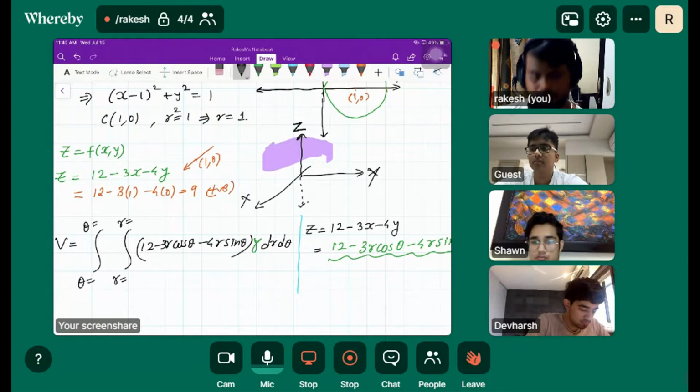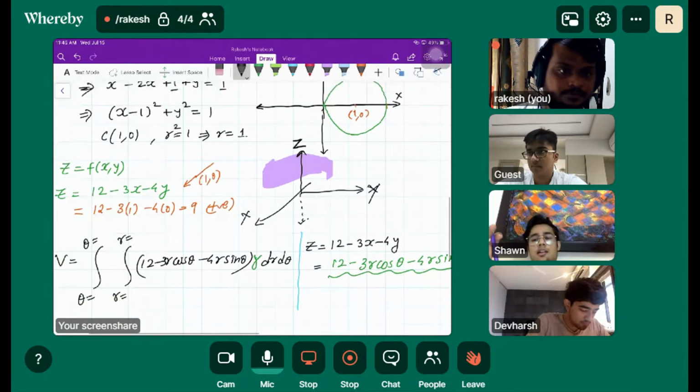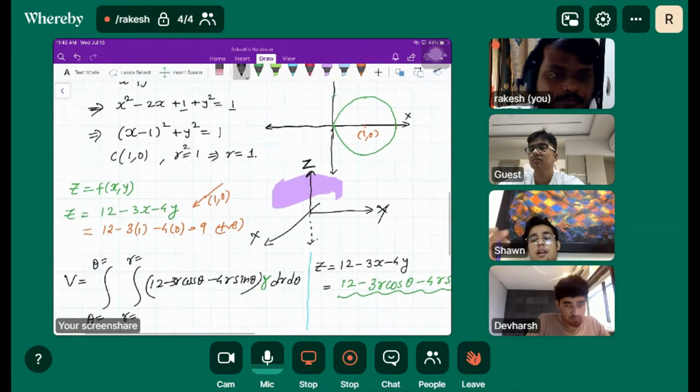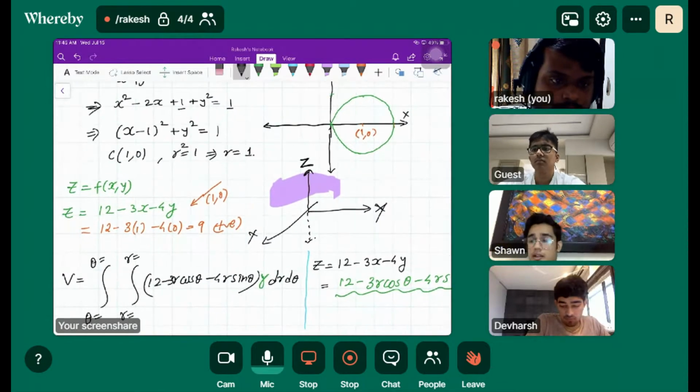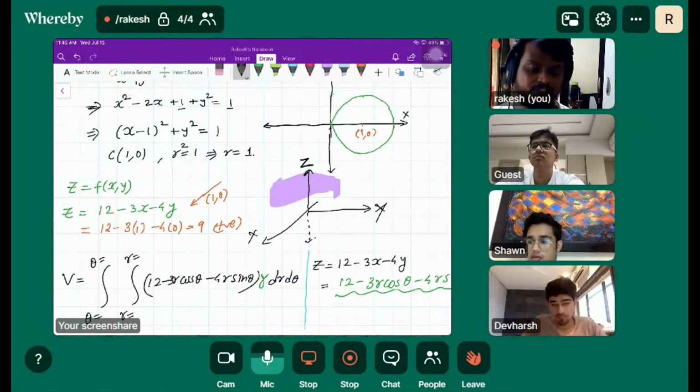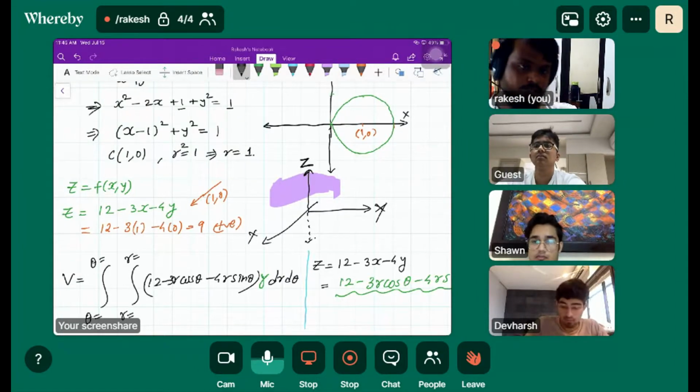That's why we are using polar coordinate system here, because it fixes the order of the variables. Without circles, you can't use polar coordinates, right? Yes, definitely. You must have the circular region if you are using polar coordinates.